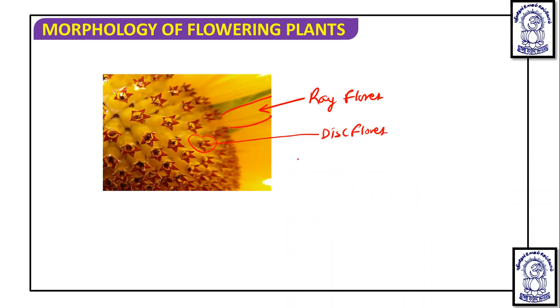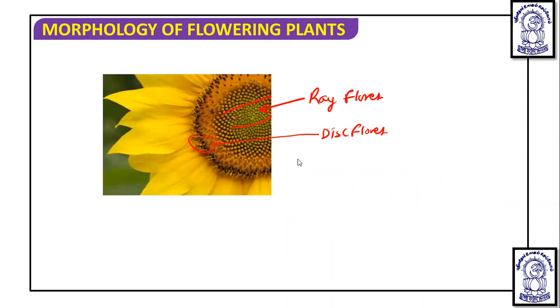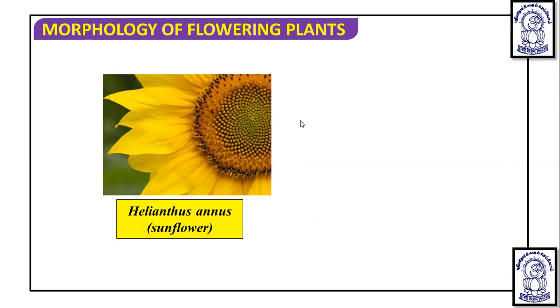So if you see the diagram of sunflower, you will see such an arrangement of disc florets and ray florets, and it is seen in Helianthus annuus, that is sunflower.